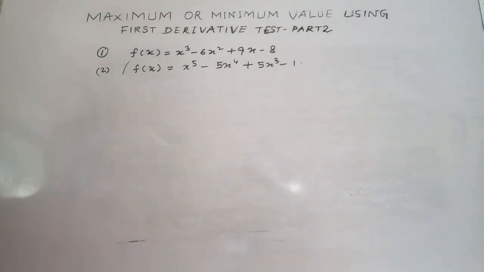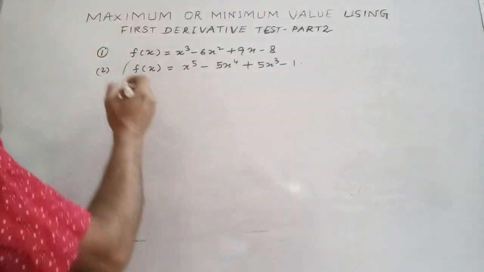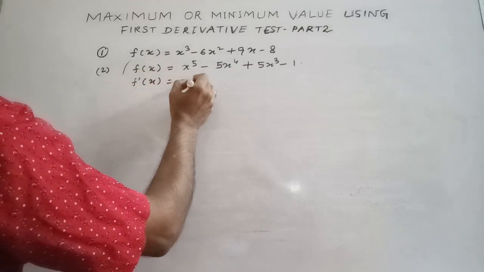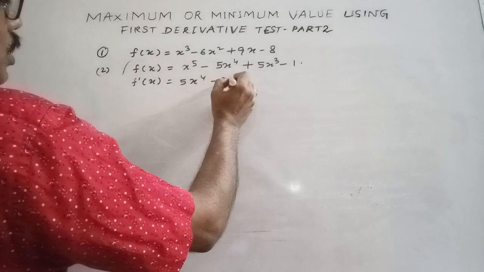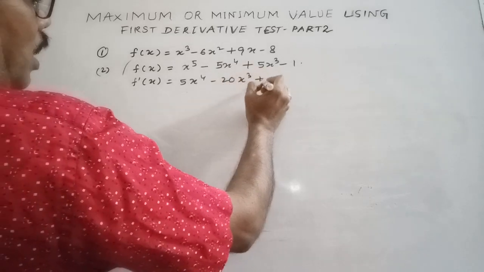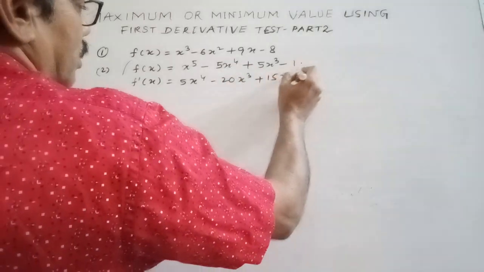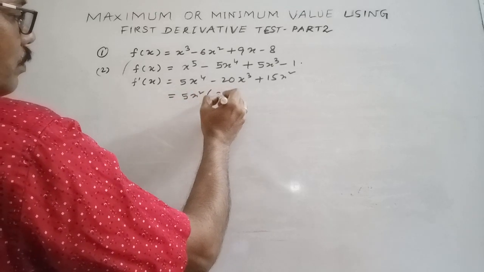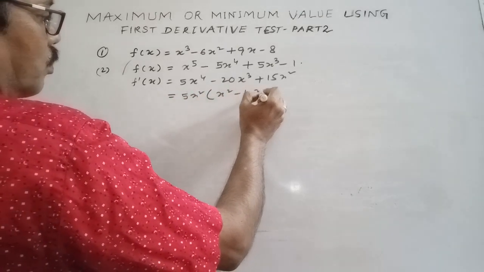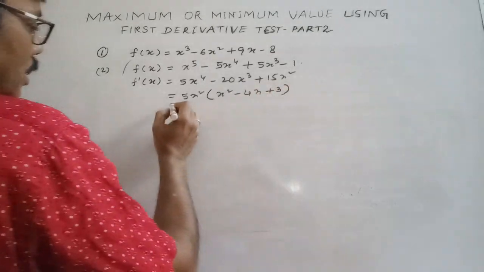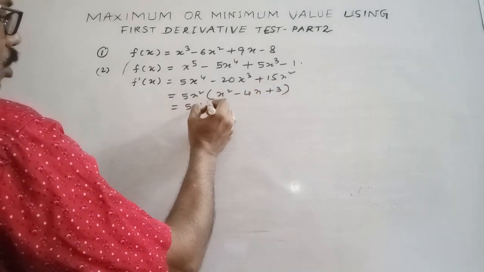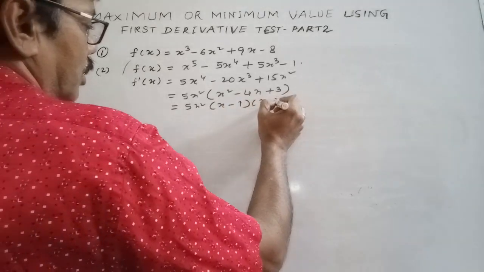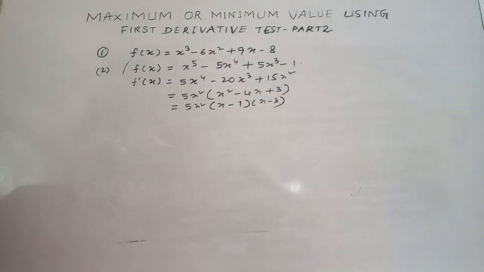Second one, f(x) equals this. So what is f dash x? 5x to the power 4 minus 20x cubed plus 15x squared. So 5x squared is common: x squared minus 4x plus 3, which is (x minus 1)(x minus 3).